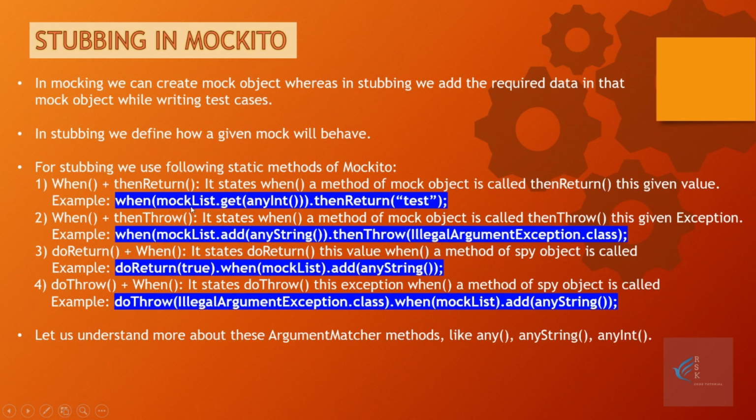It says whenever the get method of mockList is called with any integer, and this anyInt is known as an argument matcher, then return "test". So whenever the get method is called with any integer value, it will return "test". What we are doing here is known as stubbing.